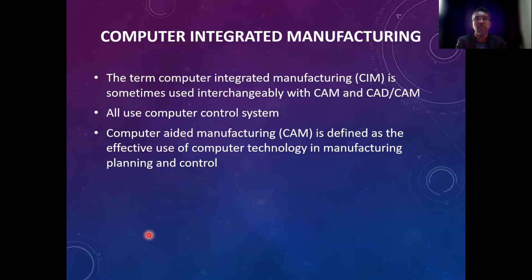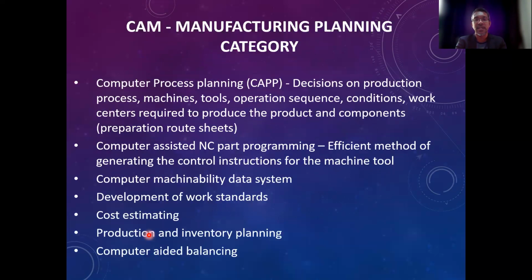The term computer integrated manufacturing is sometimes used interchangeably with CAM or CAD-CAM. They use computer control, and computer-aided manufacturing is defined as an effective use of computer technology in manufacturing planning and control. So they use the computer to cover everything.